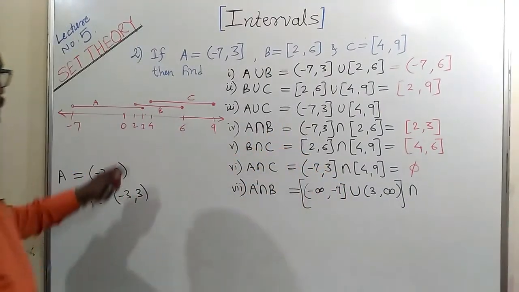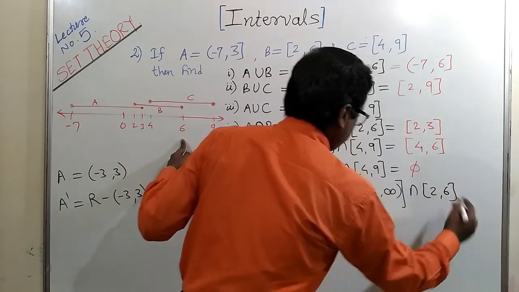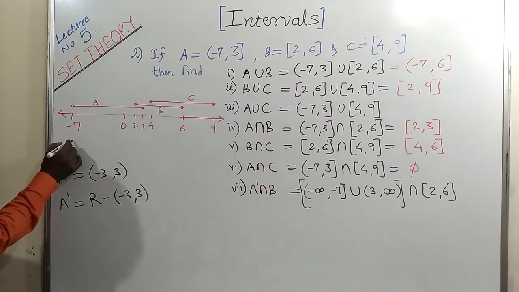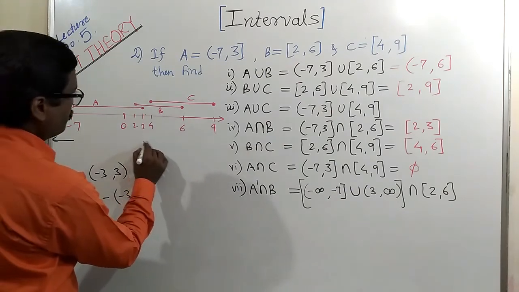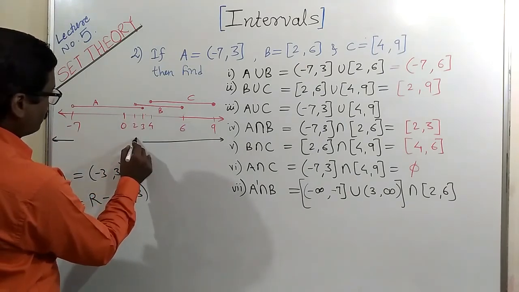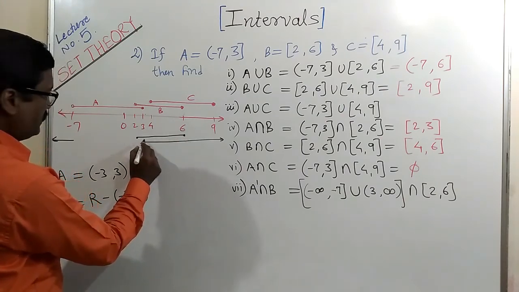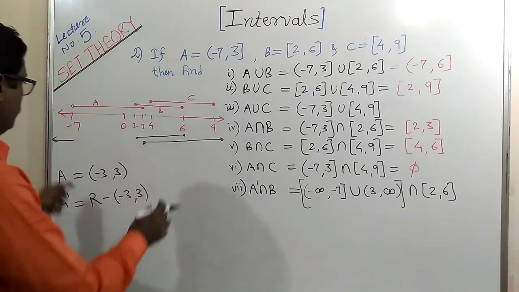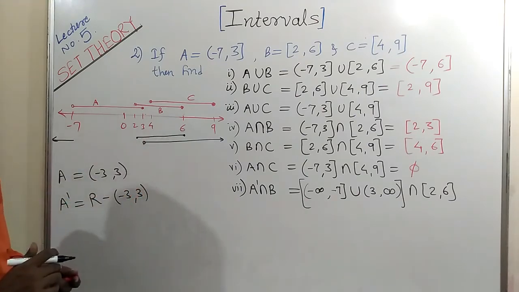So this B. B is 2 to 6. Now, the first part, A complement, is this one. I will show it with black rays. And the second, 3 to infinity, means this much. Now this 2, 6 is this much. This is open 3, so on the circle. What will be the common part between this and this? That is nothing but open 3 to close 6.